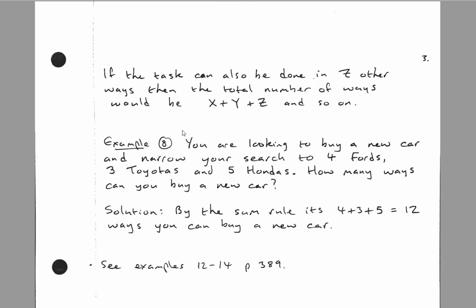Example 8, you're looking to buy a new car, and you narrow your search to 4 possible Fords, 3 Toyotas, or 5 Hondas. So how many ways can you buy a new car out of these options?